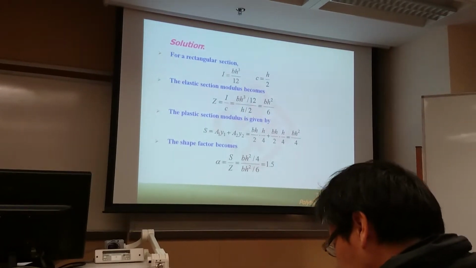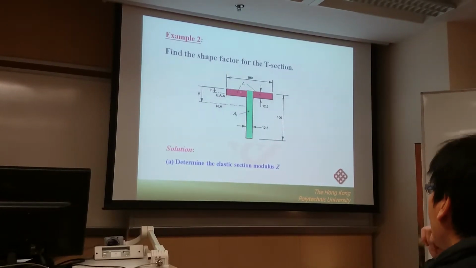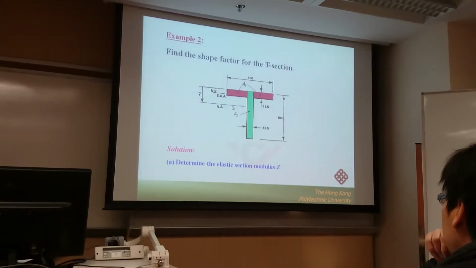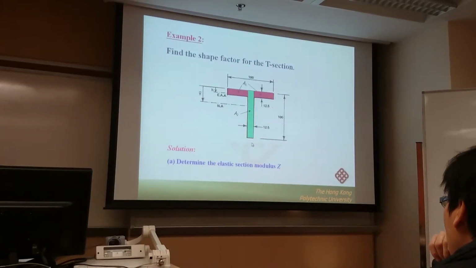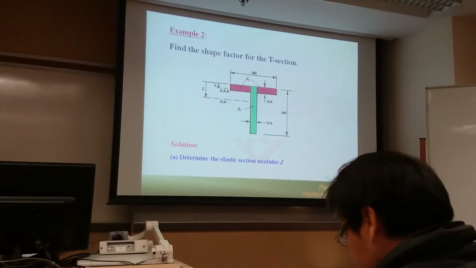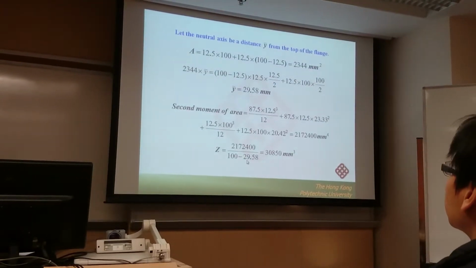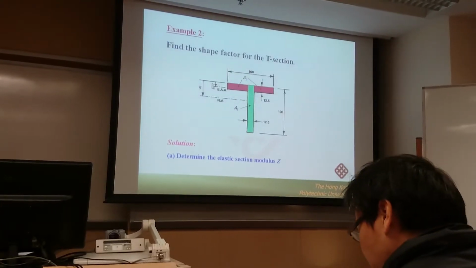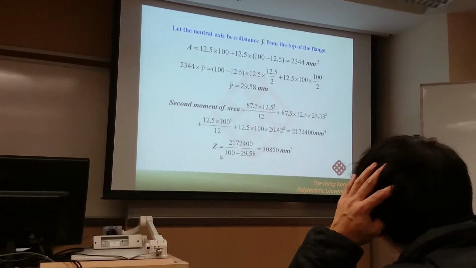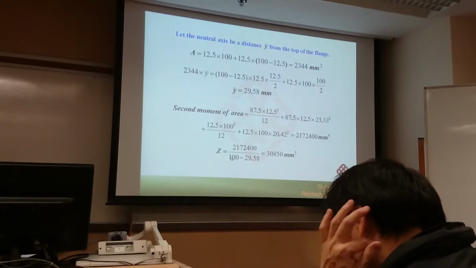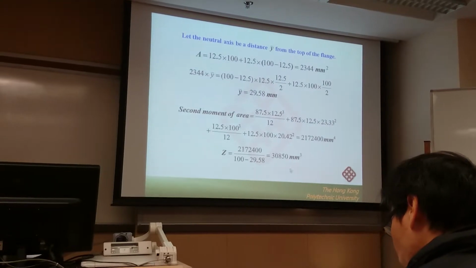So C means two distances: one from the neutral axis to the top, the second from the neutral axis to the bottom. You just need to select the larger value. So here, because y bar is equal to 29, and 29 is less than 100 minus 29, we use 100 minus 29, because this is the larger value. So we can obtain the elastic modulus.